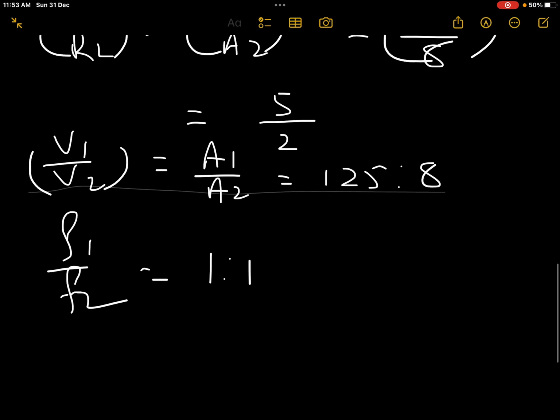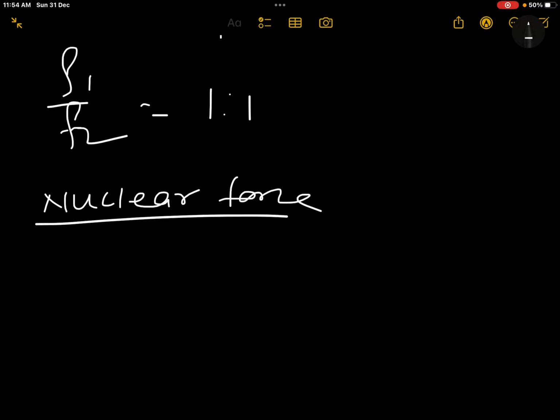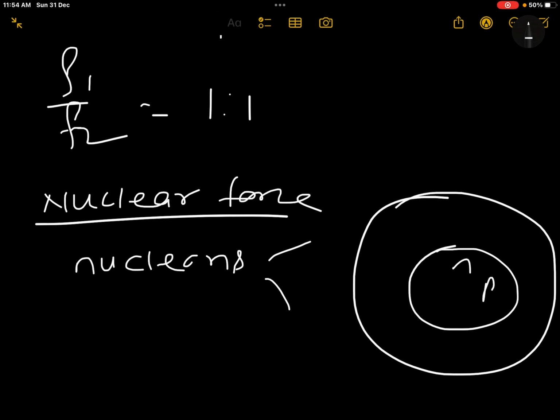What is mass defect? No, first nuclear force. Inside the nucleus, there are some particles known as nucleons. Like parent means both father and mother, nucleon means the particles present inside the nucleus. Which are the particles present inside the nucleus? Proton and neutron. Combined, they are named nucleons.